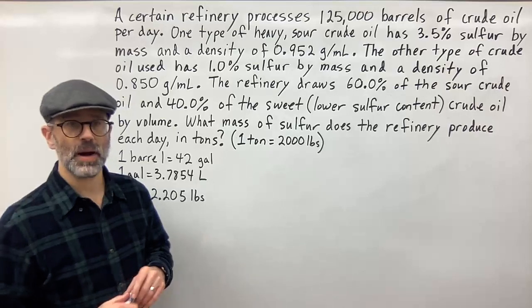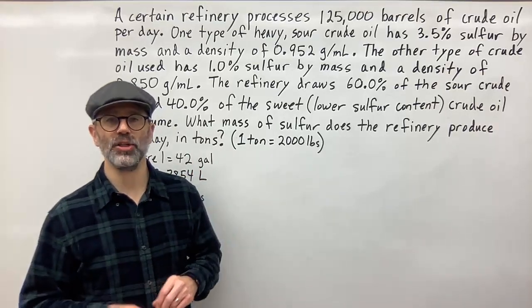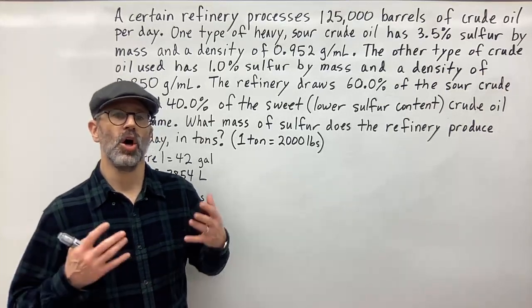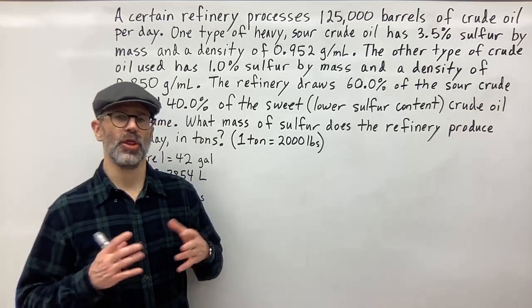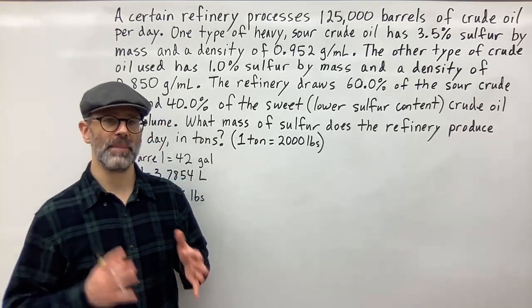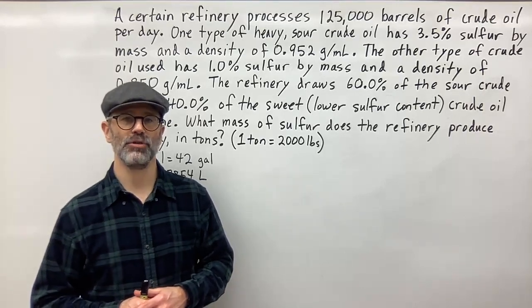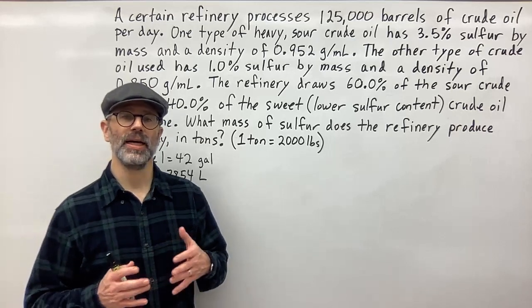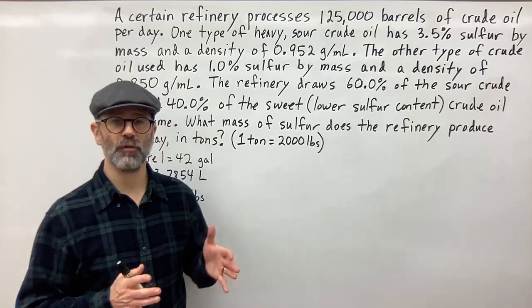So in this problem, we have a certain refinery that processes 125,000 barrels of crude oil per day. One type of heavy or sour crude oil has 3.5% sulfur by mass and a density of 0.952 grams per milliliter. The other type of crude oil used has 1.0% sulfur by mass.